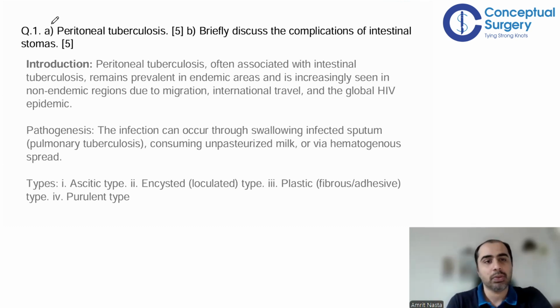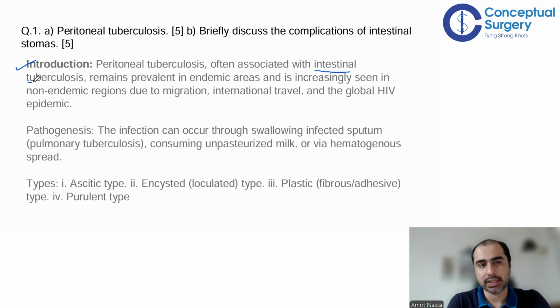Okay, so let's start with the first topic, that is peritoneal tuberculosis for 5 marks and complications of stomas for 5 marks. So again, both are normal questions. When you write about peritoneal tuberculosis, first you will write how does it happen, why does someone get it. Usually you must have seen these patients in practice. Peritoneal TB will be associated with GI-TB.